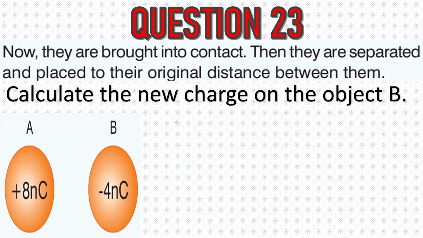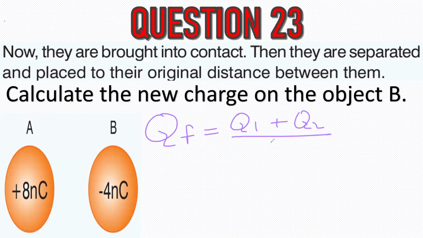All right, you stopped the video and you did try and then came back. Yes, so let's start and let's answer. Q final equals (Q1 plus Q2) over 2. So what we have, 8 nanocoulombs. Oh, this is nanocoulombs.